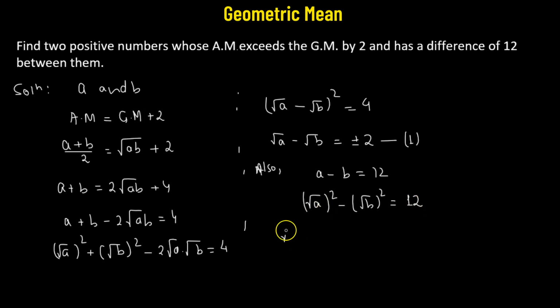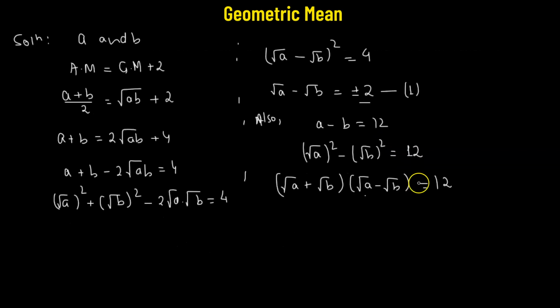This is an identity which can also be expressed as (square root of a + square root of b) multiplied by (square root of a - square root of b), which equals 12. So if we substitute the value of square root of a - square root of b with plus or minus 2, as obtained in equation number 1, we get square root of a + square root of b = 12 divided by plus or minus 2. So we get plus or minus 6. Let's label this as equation number 2.